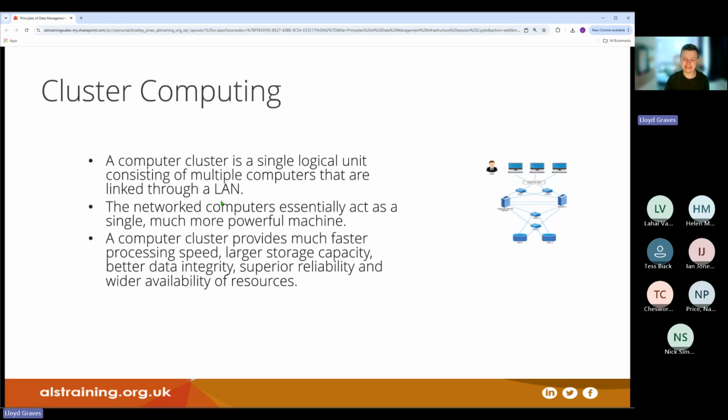But the key is what are all these devices on this network doing? Are they being operated by different people doing different tasks, or are they being operated by maybe one person or one team of people all to work on the same task at the same time? So same task at the same time is a computer cluster. Different tasks, different people is a more general sort of distributed system.